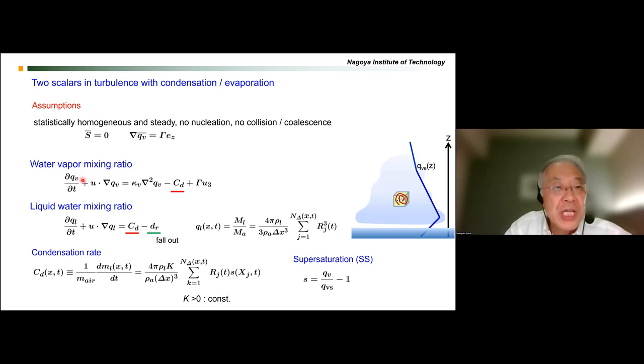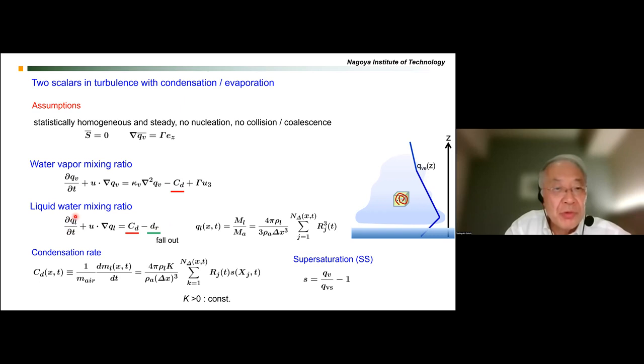The first quantity is the water vapor mixing ratio, QV, which obeys the convective diffusive equation with the term describing the condensation rate and the effect of the vertical uniform mean gradient. The second equation is for the liquid water mixing ratio, QL. Again, we have the condensation rate term. And the second term describes the fallout effect of the droplets from the parcel.